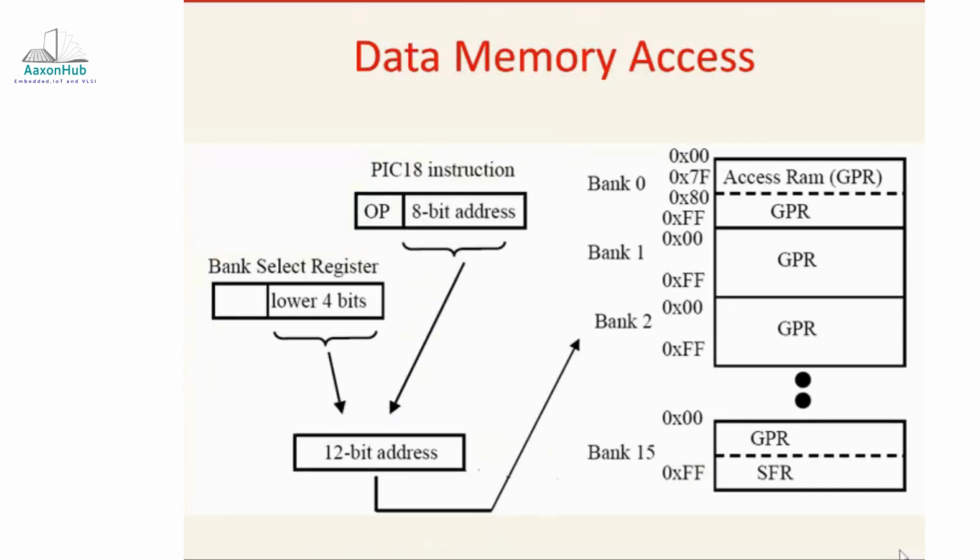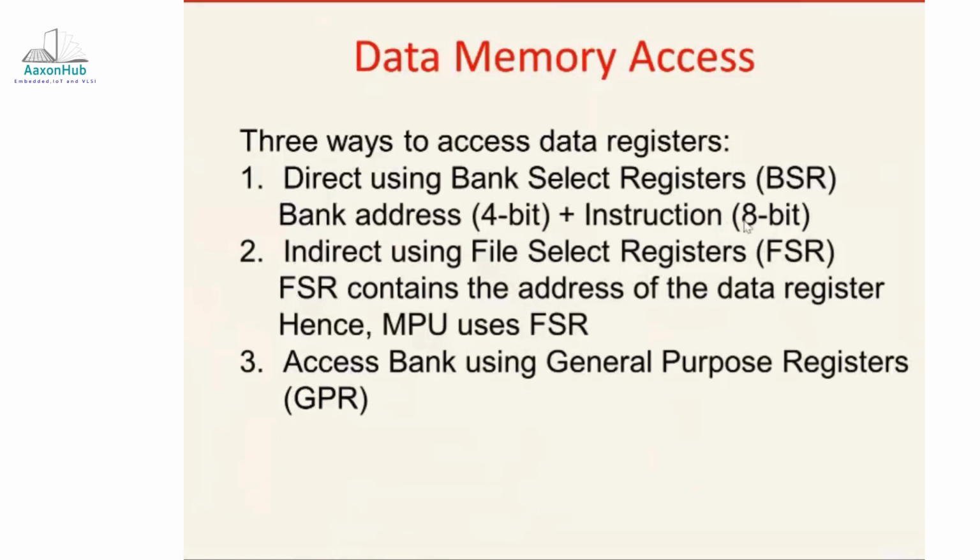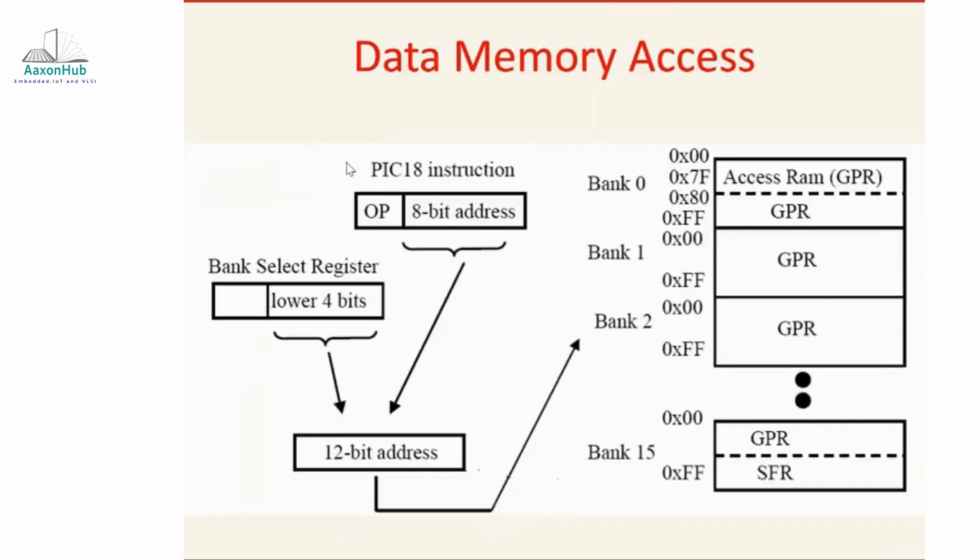Now, whenever you wanted to access this memory organization, data memory can be accessed via three ways. One is direct way, one is indirect way, and one is through general purpose register access. The direct way will simply allow you to access data memory with the 8-bit instruction address, along with the lower 4-bit of bank select register. So combination of these two, 8 plus 4, 12.